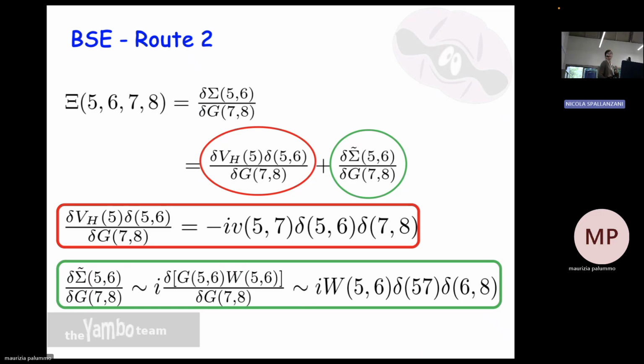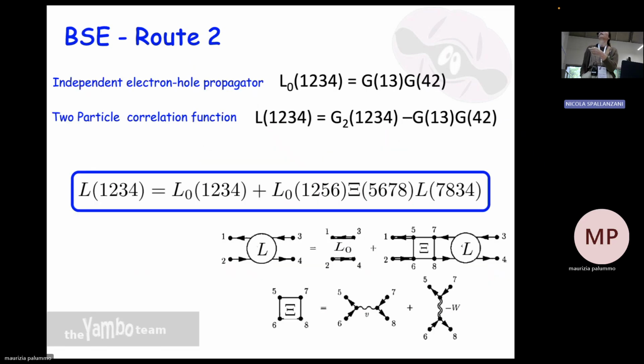The other part is the functional derivative of the exchange correlation self-energy with respect to G. That again gives you the same formula that we have seen before, since we neglect the dependence of W on G like before. And so in the end, we are obtaining exactly the same equation.